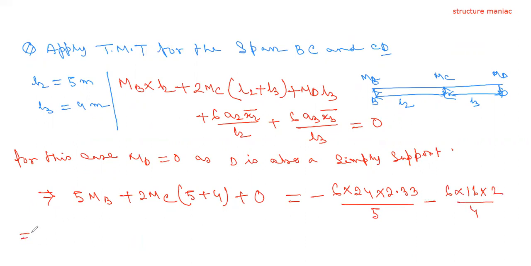So if you simplify this equation, you will get 5 MB plus 18 MC is equal to minus 115.1. So here is equation number 2.